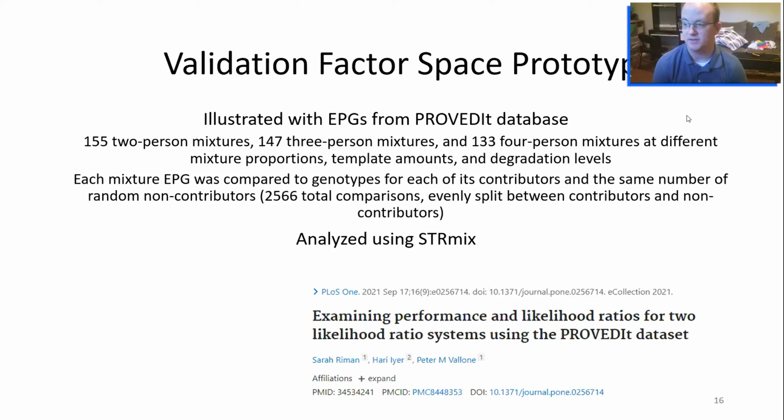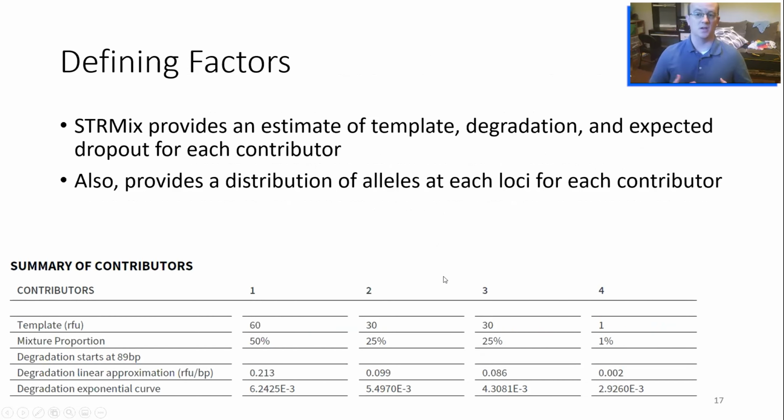These electropherograms were analyzed using StarMix. The analysis is described in this paper shown here by Sarah, Hari, and Pete. So you can check out those details if you'd like to see where specifically the values I'll be using are coming from. The response is the output LR value from StarMix.